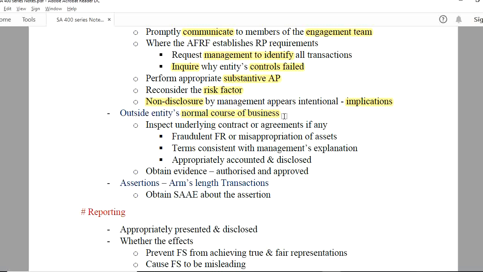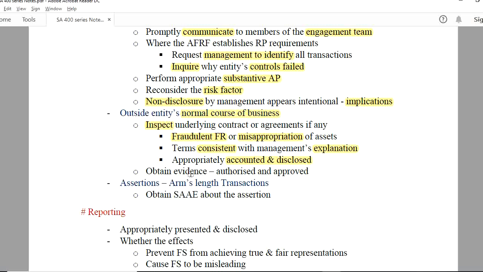business? Where any contracts or agreements are available related to those transactions, the auditor shall first inspect those contracts and agreements to evaluate whether the transactions suggest that they have been entered into to engage in fraudulent financial reporting or to conceal a misappropriation of assets, whether the terms of the transactions are consistent with the management's explanations, and whether these transactions have been properly accounted for and disclosed in accordance with the AFRF.